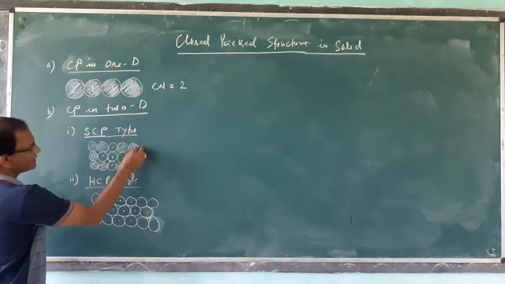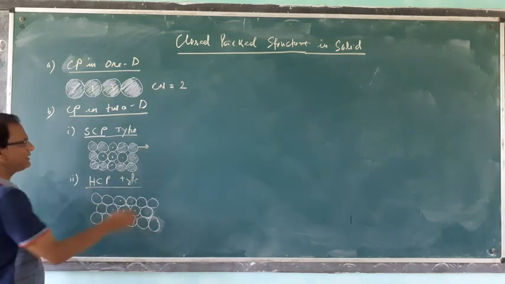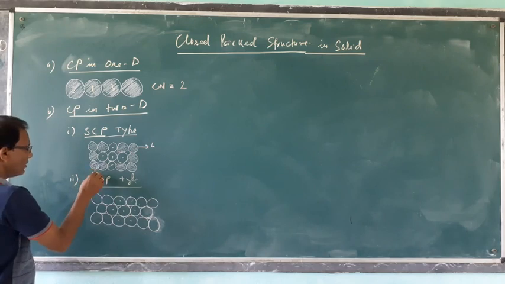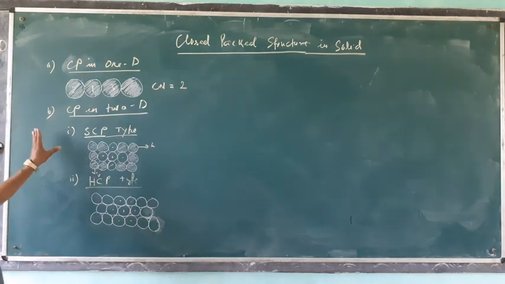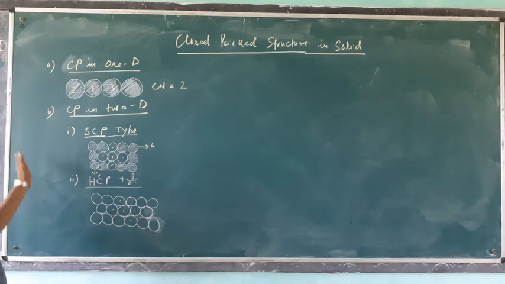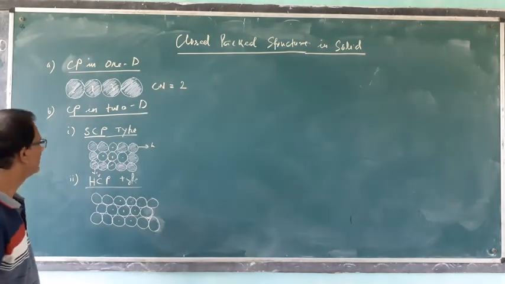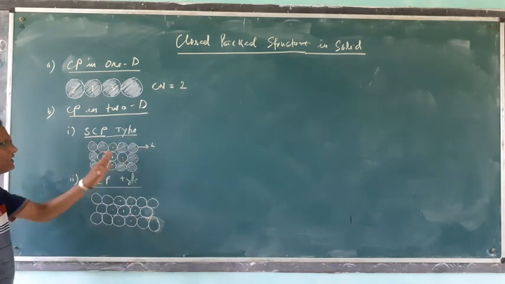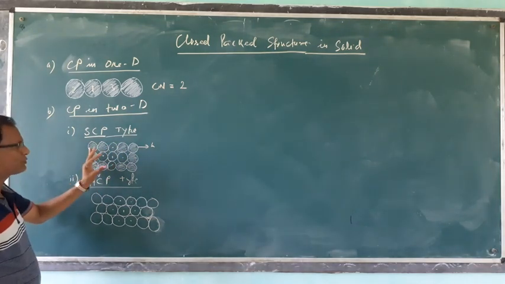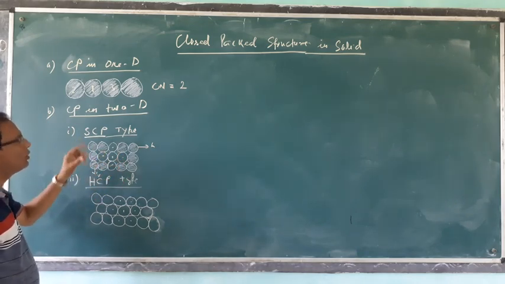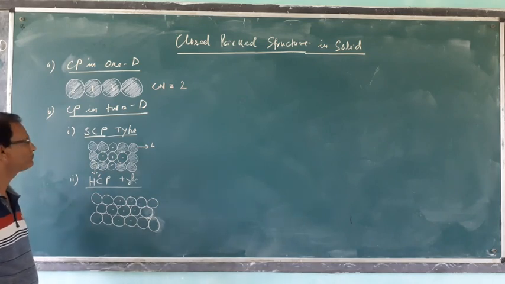This is your horizontal placing and this is your vertical placing. So spheres are placed directly touching one by one, horizontally and vertically. This type of arrangement is called square close packing.